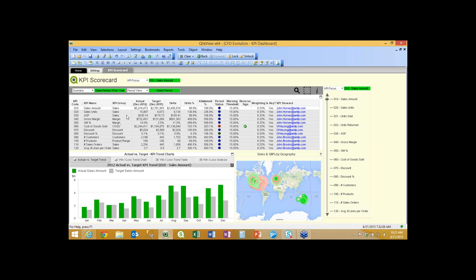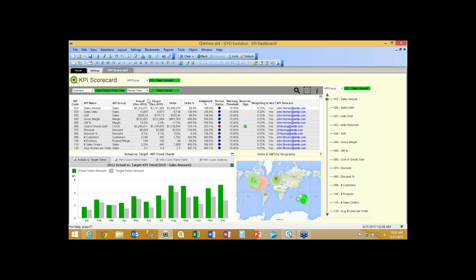Again, not suggesting that this is the right way of grouping or the only way of grouping, just to give an example of how you might do that. We then have the actual number here, whether that be dollars, percentages, an integer, whatever that might be.